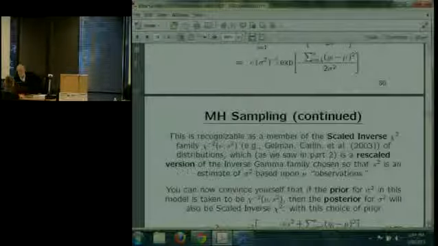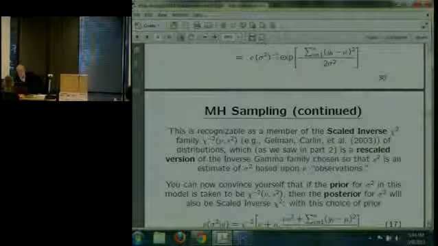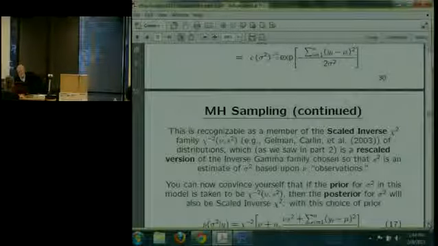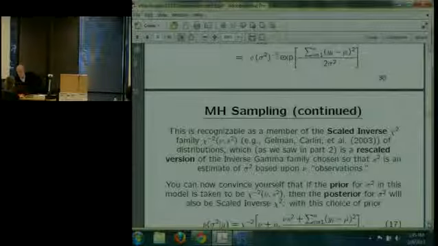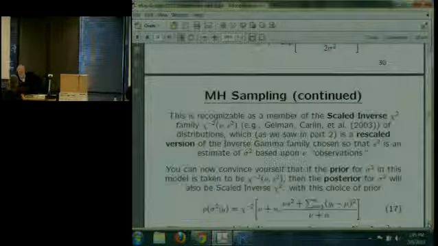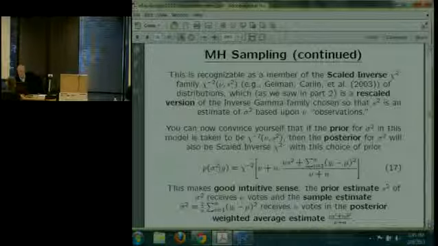And in fact, this is yet another one of those lovely families where the product of two such densities is another such density. And so it turns out right away that that is the conjugate prior in this version of the Gaussian model where you don't know what the variance is, but you do know what the mean is. And so having done that, the posterior distribution looks like that. And so it's yet another member of the scaled inverse chi-square family.